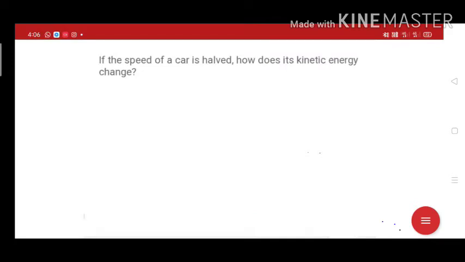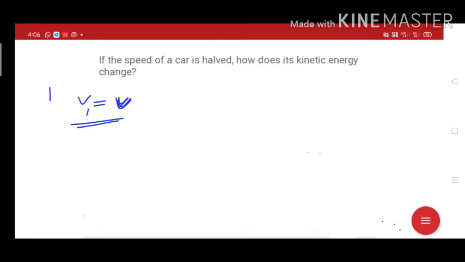Question number 11. So now this is going to be a very conceptual question. So watch carefully. If the speed of a car is halved, how does its kinetic energy change? Okay, fine. That means the previous speed, whatever it is, v1 is equal to v, suppose.